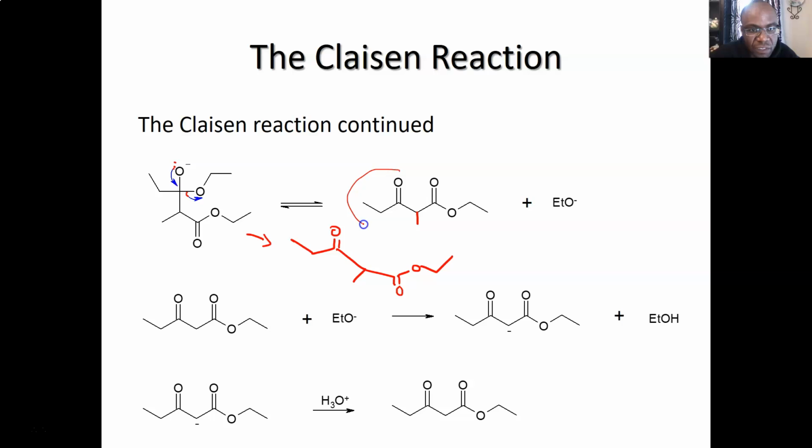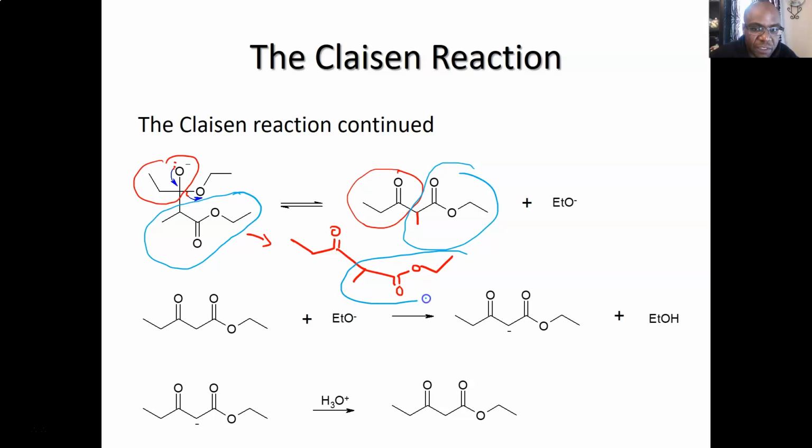So this piece right there is this piece after OEt leaves, and then if I show you the other piece, this piece right here is this piece right here, and then OEt left, or CH2CH3 left, as a leaving group.